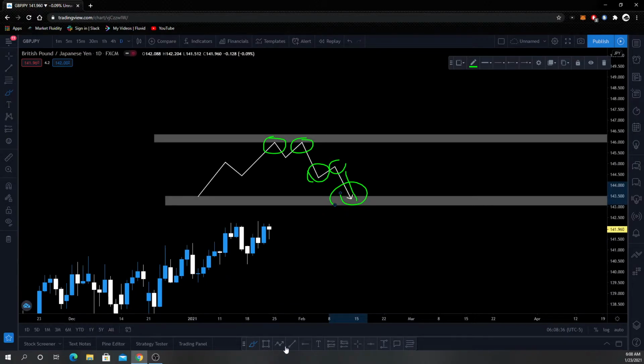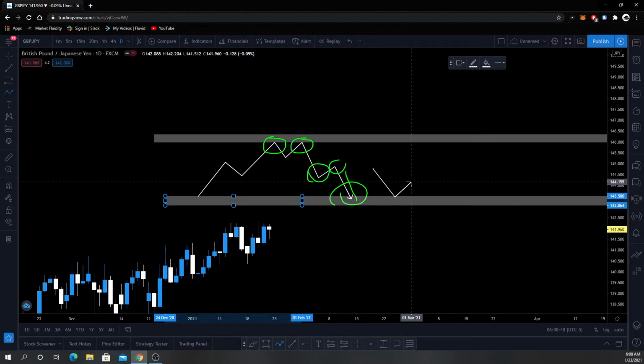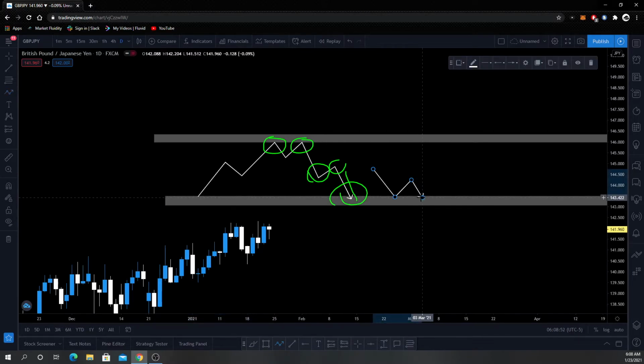So when price moves from higher, from these resistances coming down to supports, it will do the same. It will bounce off, it will retest again, and after that retest it will move back up.